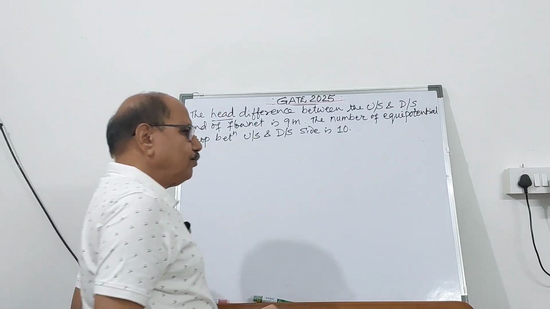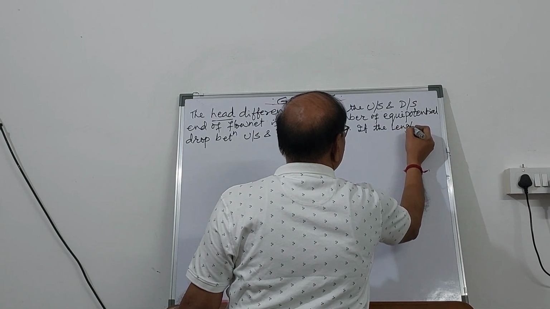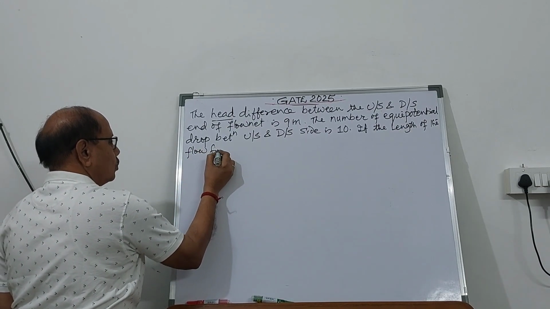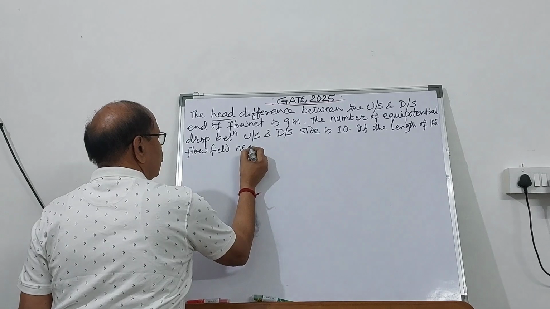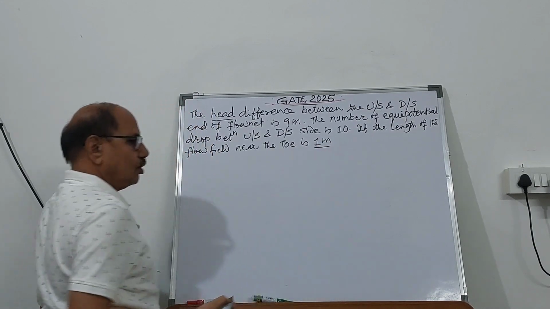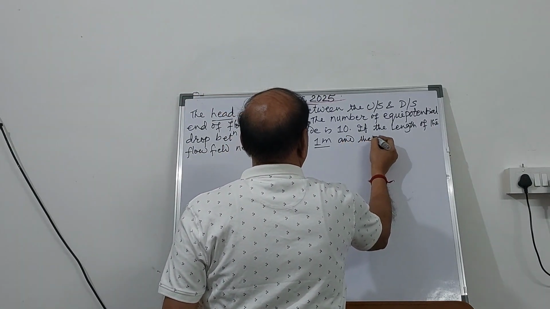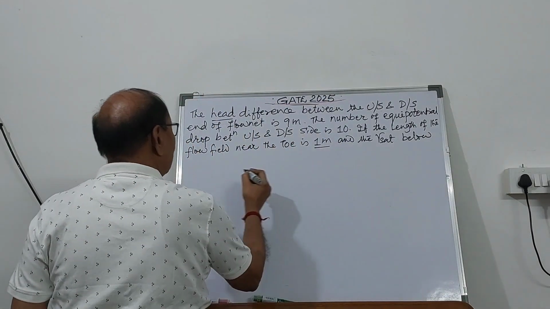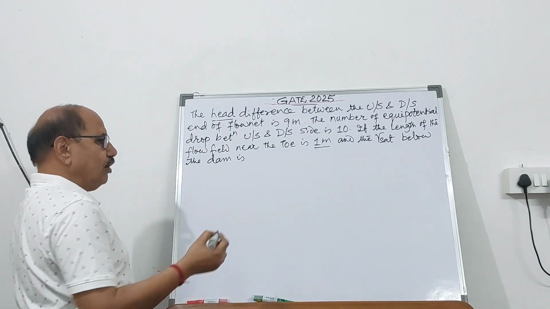And the length of the flow field near the toe is given as 1 meter, and gamma saturated below the dam, that is the saturated unit weight below the dam, is 21 kilonewton per cubic meter.